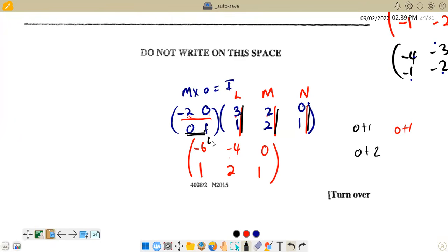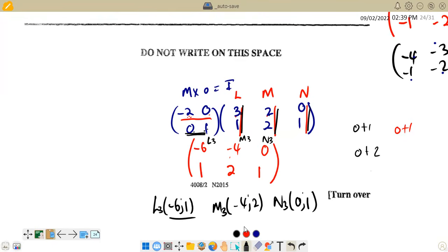Remember, this time it is L3, M3, and N3. So just write the points: L3 is negative 6, 1. M3 is negative 4, 2. N3 is 0, 1. These are the points that you're going to mark and draw the diagram with at the end.